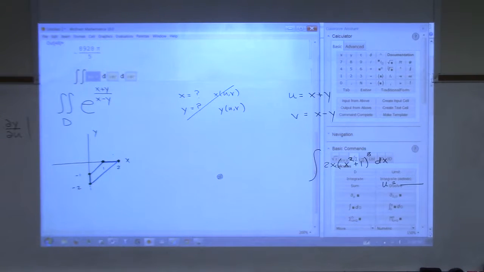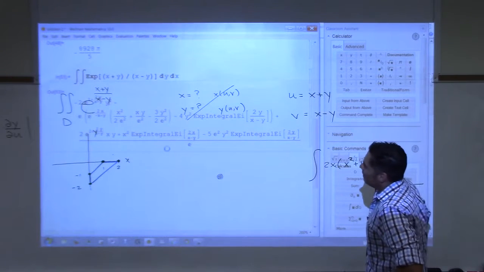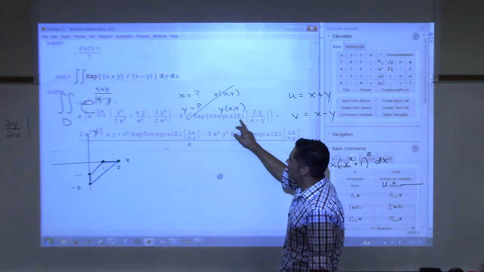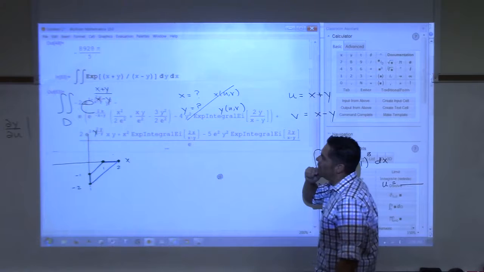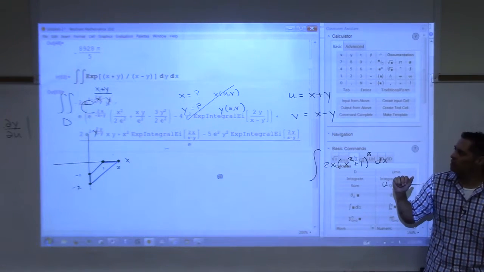I'm going to do exponential of x plus y over x minus y. Oh, wow, it enjoyed that quite a bit. Exponential, this is an error function, I believe. I think it's safe to say it had some trouble.